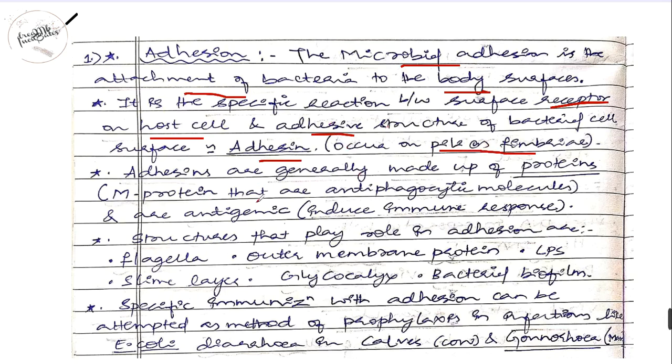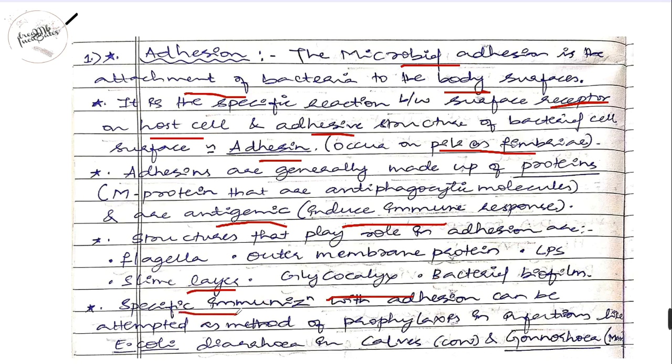Adhesins are generally made up of proteins which are antigenic and induce the immune response. Apart from flagella and pili, other structures such as slime layer, glycocalyx, lipopolysaccharides also play a role in adhesion.